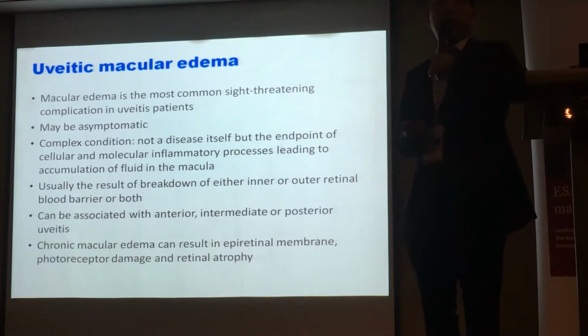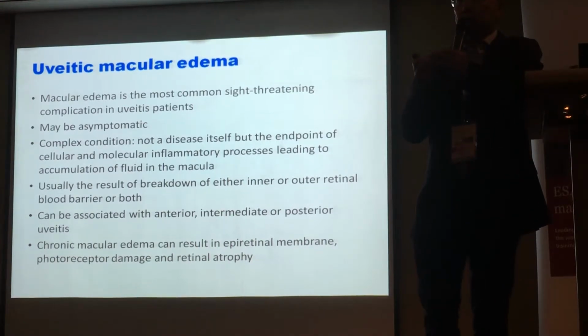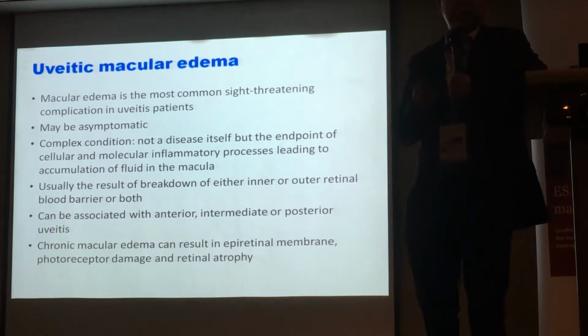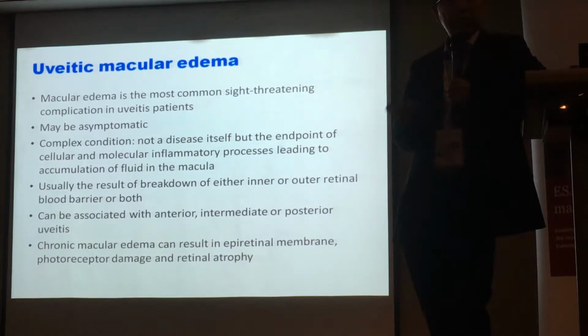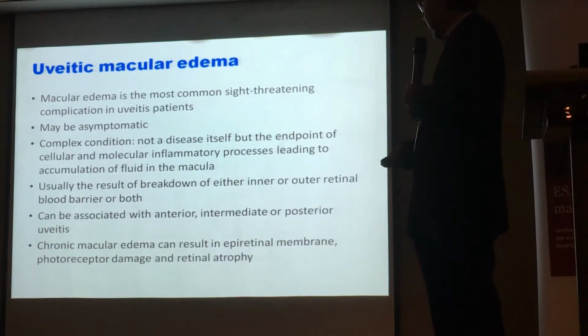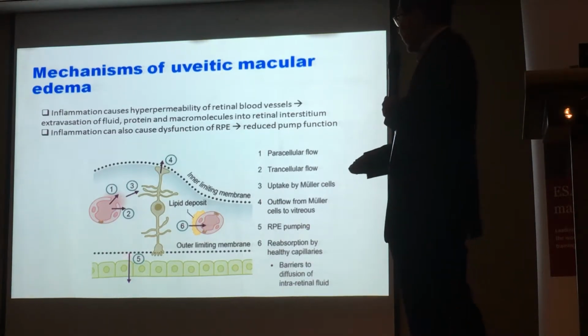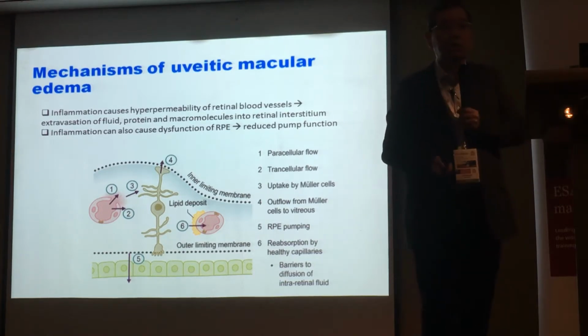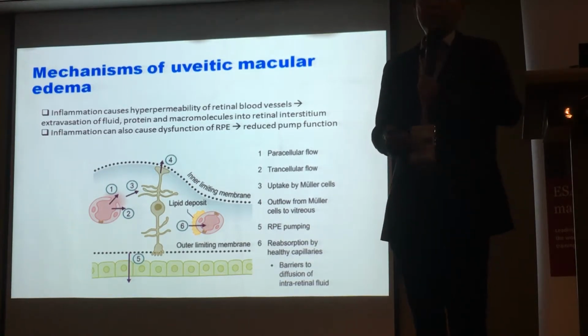And why are we concerned with macular edema? Acute stage, of course, it affects vision, but in the chronic stage, if you don't treat, they end up with irreversible damage, photoreceptor cell loss, retinal atrophy, epiretinal membrane. Okay? So as I mentioned, there are two main mechanisms for uveitic macular edema.